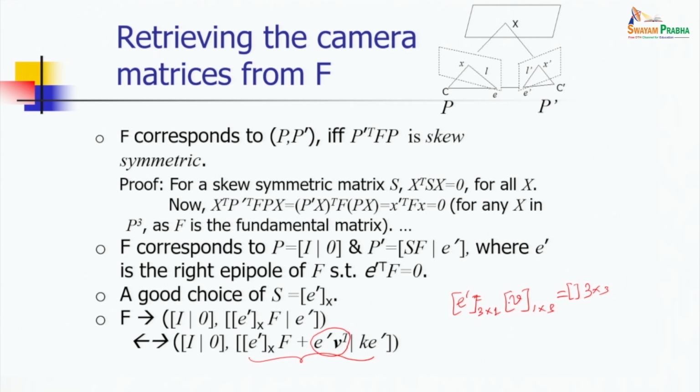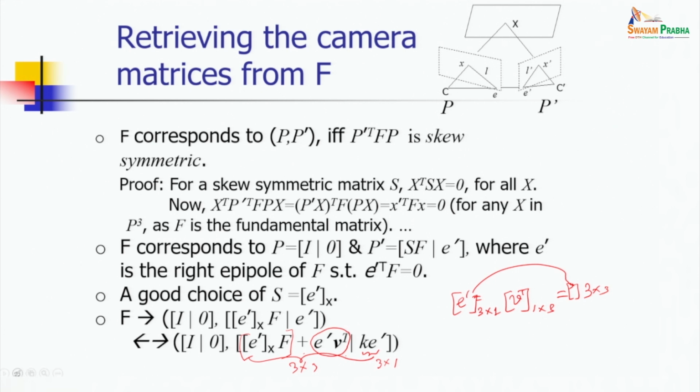So the multiplication will give you a 3 cross 3 matrix. So you are just simply adding this with this 3 cross 3 submatrix, and this is 3 cross 1. So that gives you the total projection matrices. So this is also an answer to these questions.